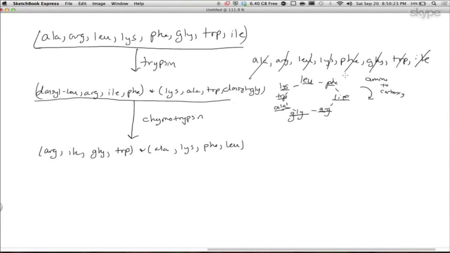Do you have written down anywhere what chymotrypsin does? Oh wait, no, because alanine is with this group here, so it's the other way around. Sorry. But first of all, let's make sure we know what chymotrypsin does. What does chymotrypsin do?